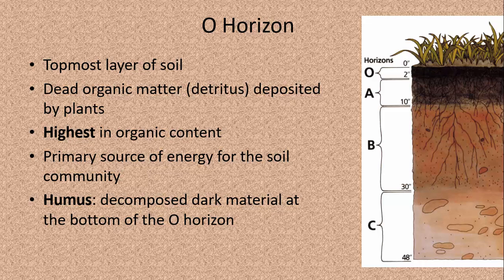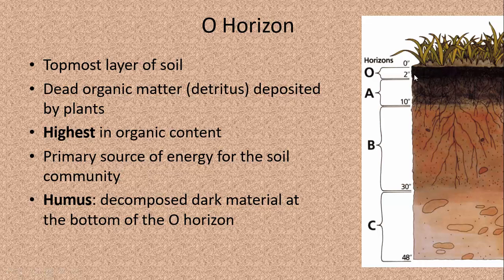It's the highest of all the horizons in organic matter content. But this organic matter, for the most part, has not been decomposed, so it's not giving off nutrients and carbon yet. It is the primary source of energy for the soil community because it does provide the carbon and nutrients as it breaks down.